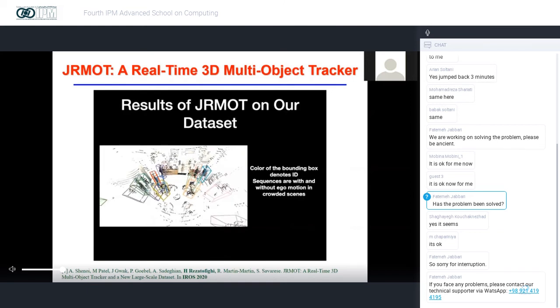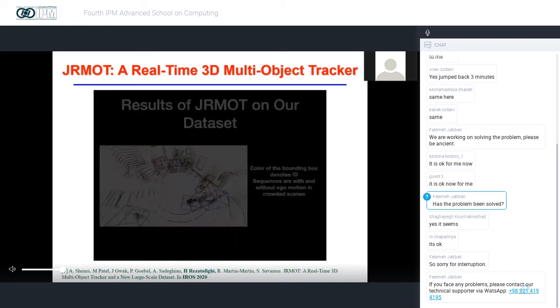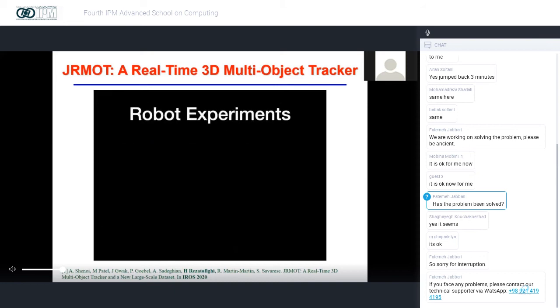In this work, we mainly tried to have a real-time framework that works, and the goal was to use state-of-the-art approaches for point clouds and images. It performed very well, but it's not yet end-to-end because we rely on Kalman filtering and data association techniques plus heuristics.